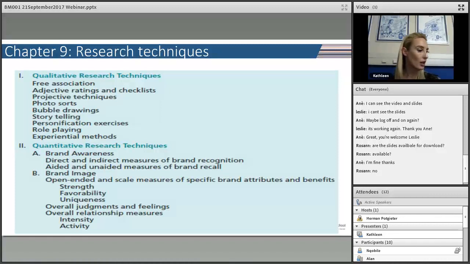In your textbook, you have a summary of the different qualitative and quantitative research techniques, which is quite useful to you when you are doing your revision. You just need to check that you are able to briefly explain what each of these different types represents. I will give you the page number in a second.